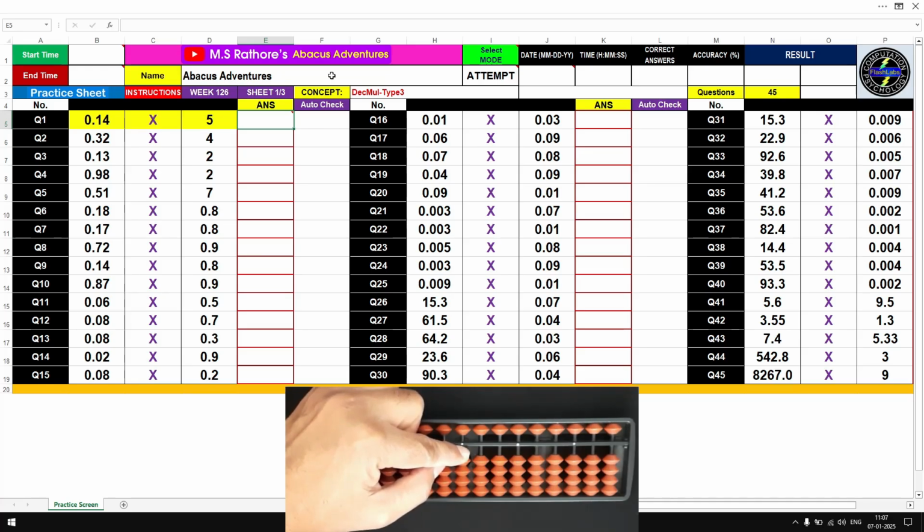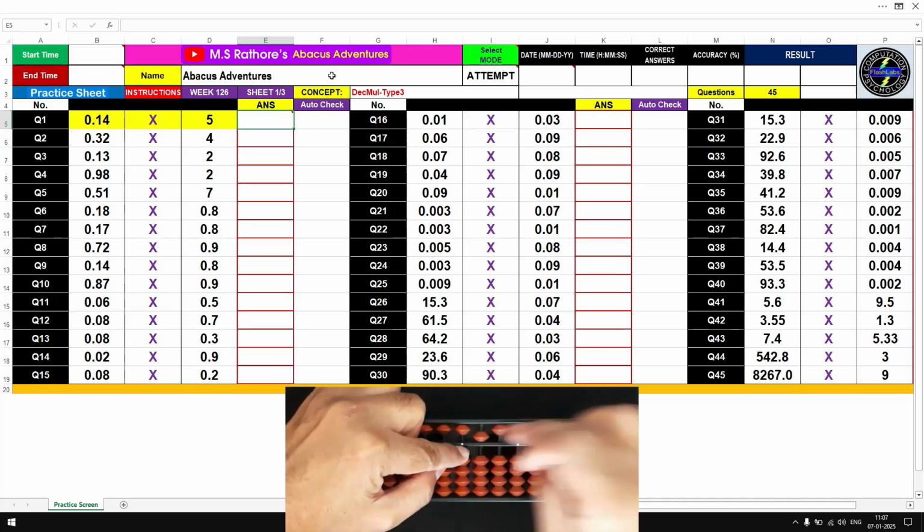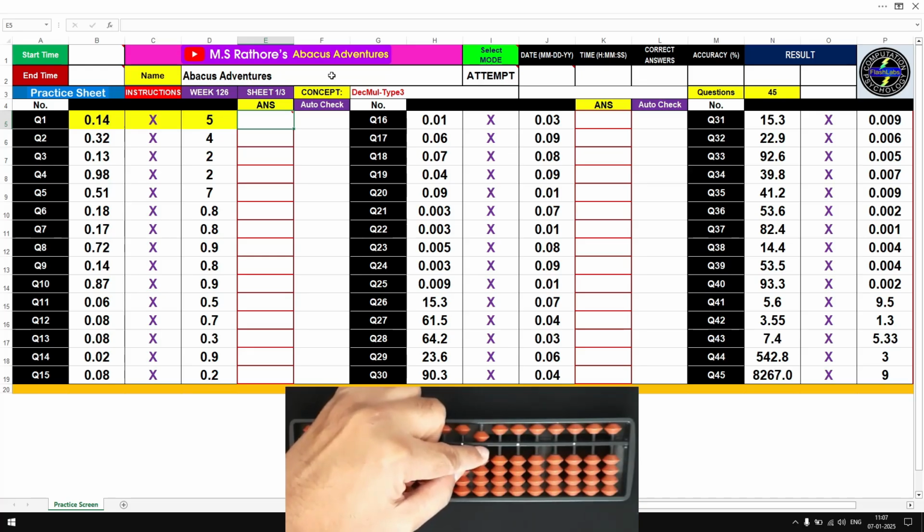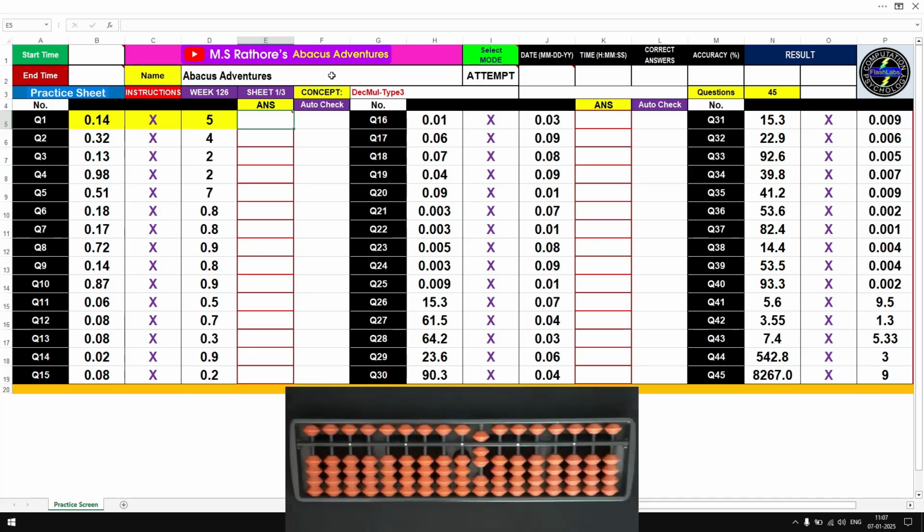Now 5 ones are 0, 5, shifted, 5 fours are 20, and the answer is 0.70. Since there is 1 digit in the integral portion, that is 5, we have to take 1 digit in the integral portion of the answer, that is 0. So 0.70. The answer is with 1 integral part and 2 decimal places.